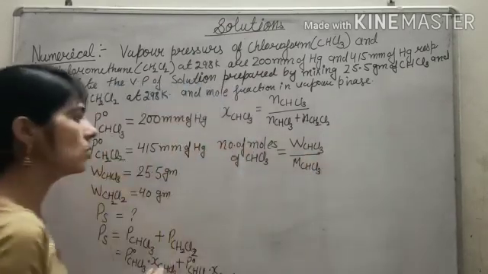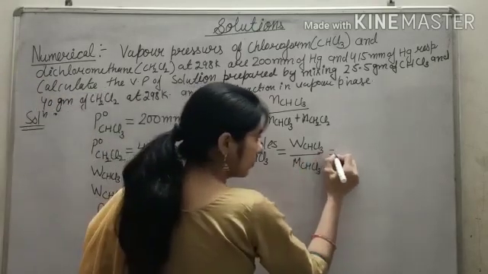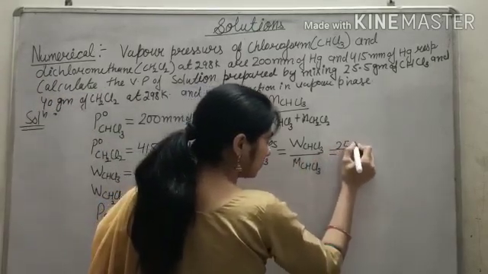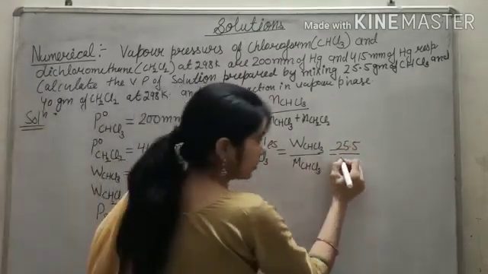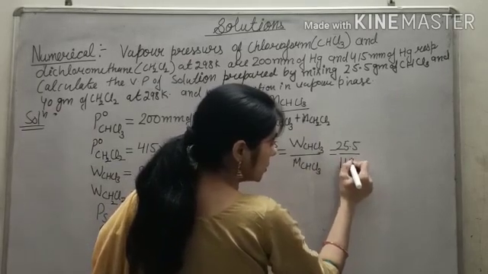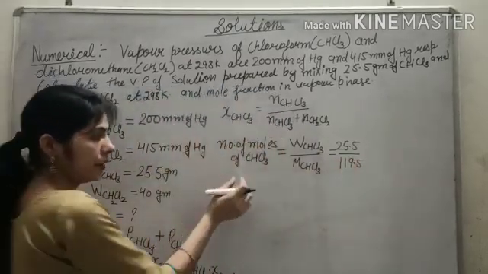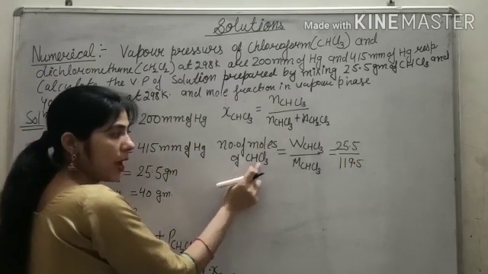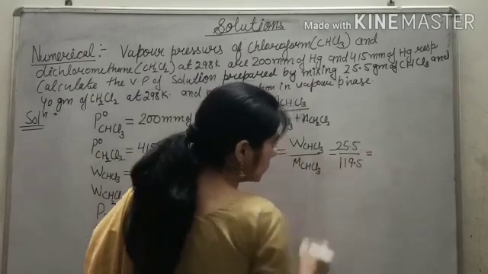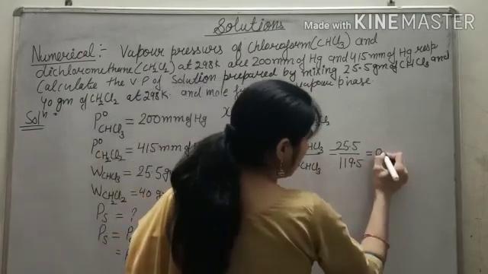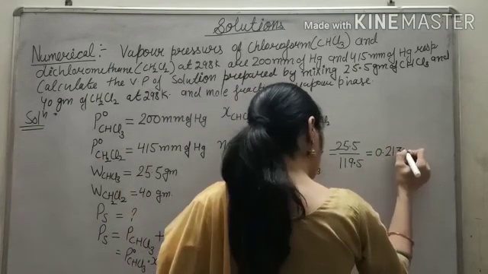The given mass of chloroform is 25.5 gram, and the molecular mass of chloroform is 119.5 gram, which is calculated by adding the atomic masses of the elements present in the molecule, and it is equal to 0.213 moles.